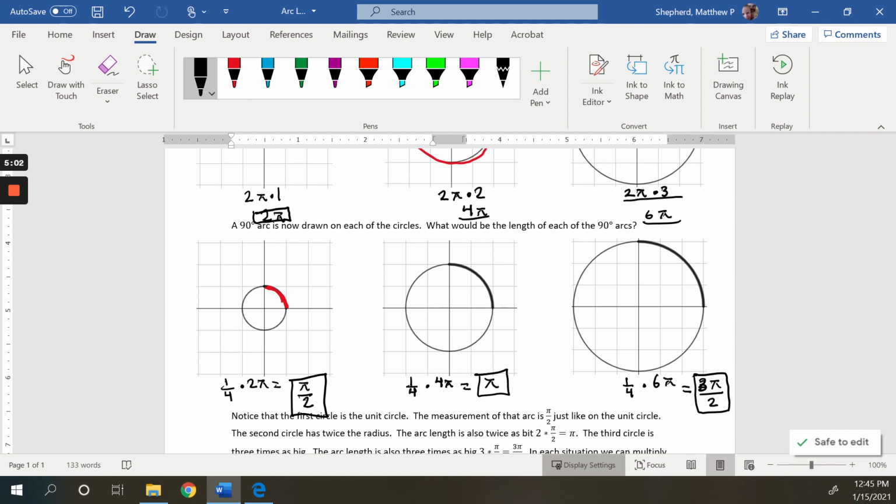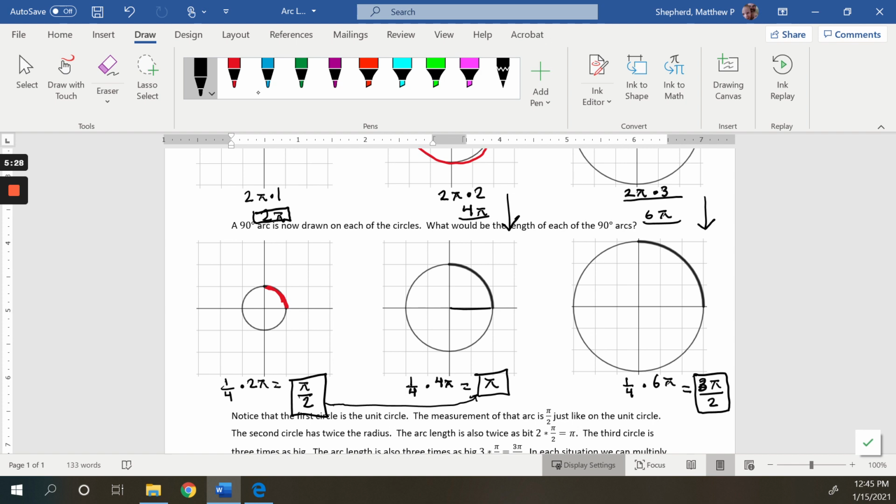And I want you to notice a similar relationship has just happened again. Yes, these ones going below were 1/4 of the arc length. But what I want to focus on is starting here from the unit circle, going from pi halves to pi. Remember, this circle was 2 times bigger. Pi halves times 2 would give me pi.